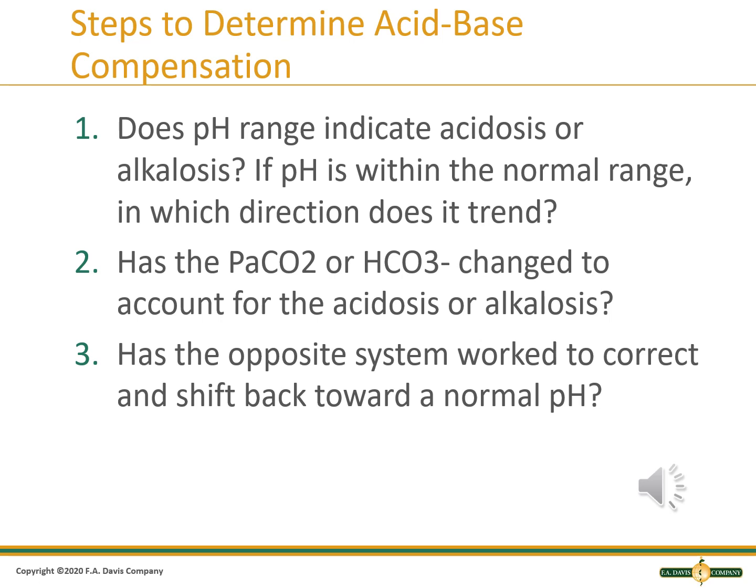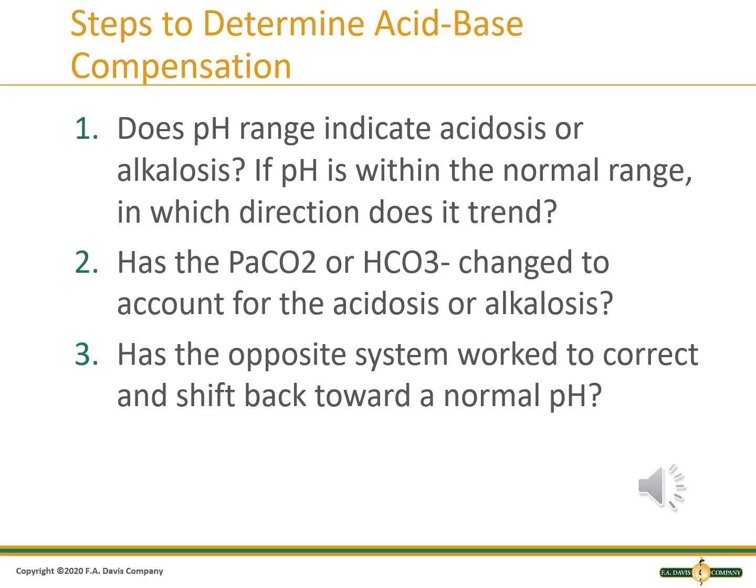Okay, now we're going to determine acid-base compensation. Okay, so first we need to look at pH. Is the range within normal limits, or does it indicate acidosis or alkalosis? Step 2, has the PaCO2 or HCO3 changed to account for the acidosis or alkalosis?